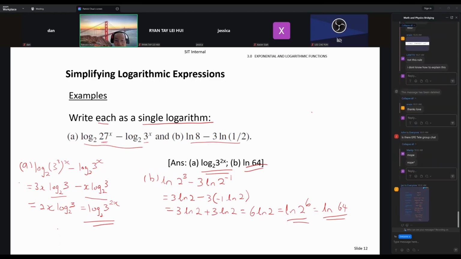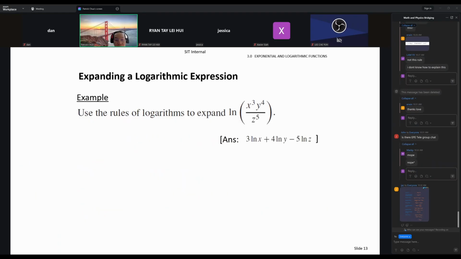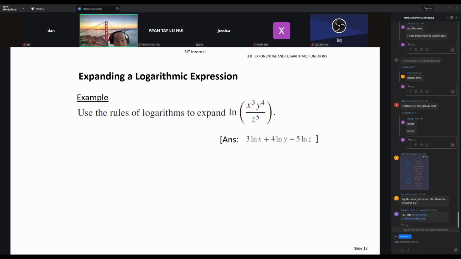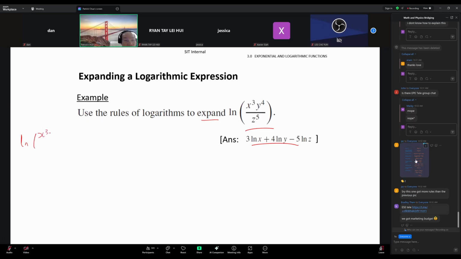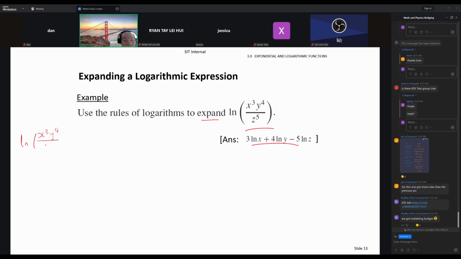Next, okay, next. All right. Now, just now we converged into one logarithm from 2 terms to 1 term. Now you expand, you go the other way. So how do you expand? To this function, log x cubed y to the 4 over z to the 5, you want to expand it into various log terms.